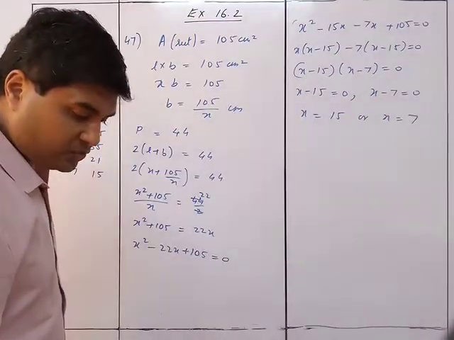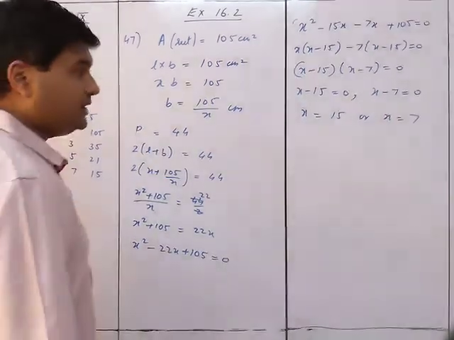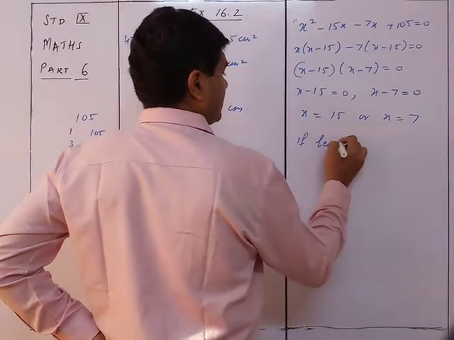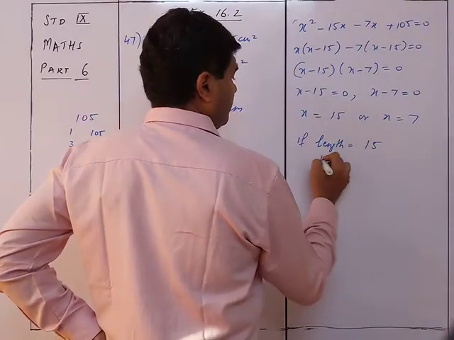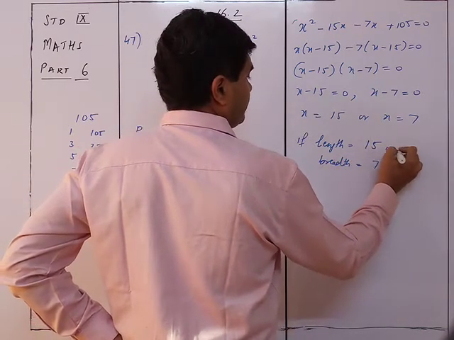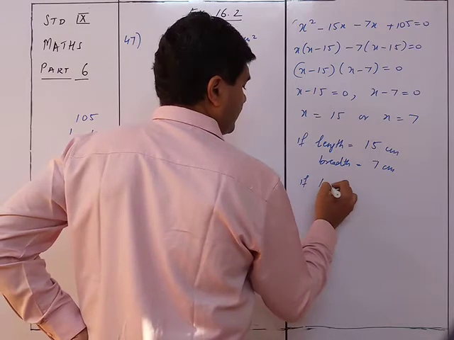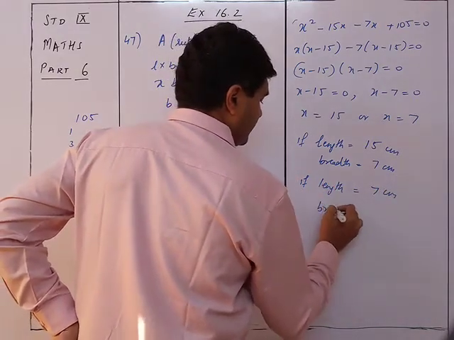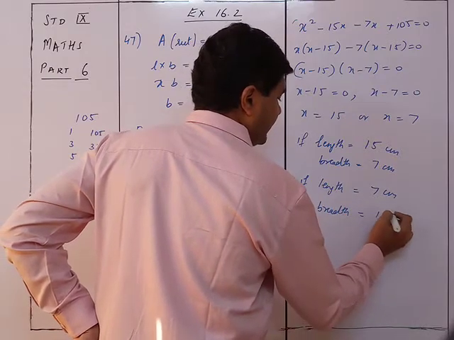So what they asked us was to find the dimensions of the rectangle. So in that case, if length is equal to 15, breadth is equal to 7 centimeters. If length is equal to 7 centimeters, breadth is equal to 15 centimeters.